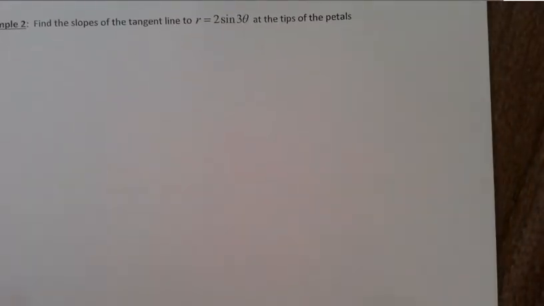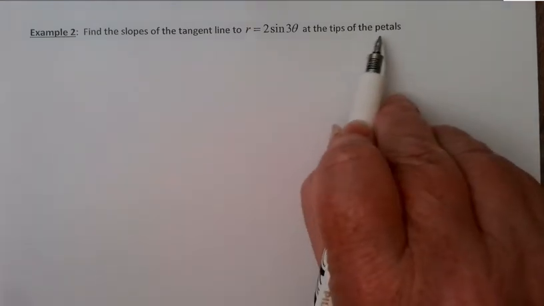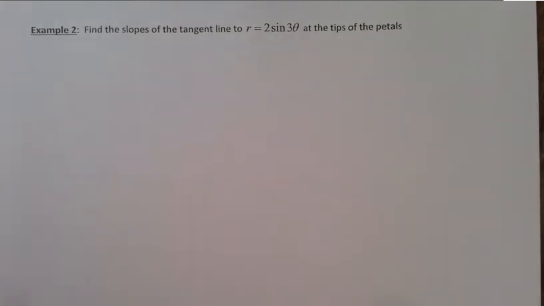Next example. I'd like to find the slopes of the tangent line, or tangent lines really, to the graph r equals 2 sine 3 theta at the tips of the petals. It's a giveaway when I say the tips of the petals, that's a rose curve, right?